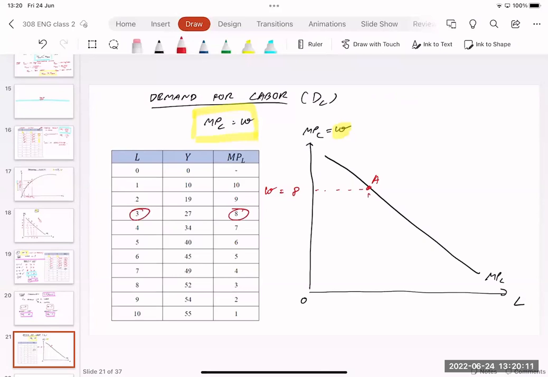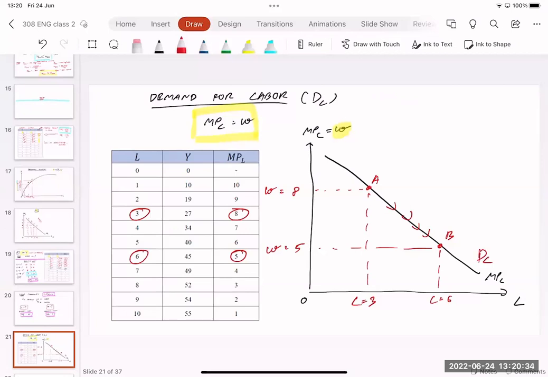They're going to hire 3 labor, L equals 3. Moving from A to B, if the real wage equals, let's say, 5, MPL equals 5 is here, they're going to hire 6 labor, L equals 6. So now I can construct demand for labor.